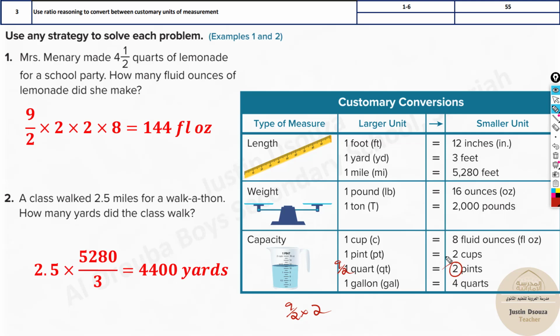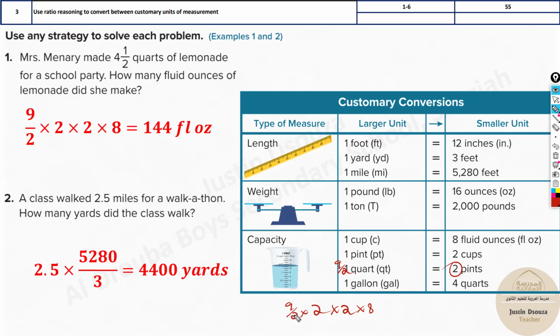Now we know 1 pint is 2 cups, so again multiply by 2. Now this answer is in cups. It's not over. You need to multiply cups by 8. This is in fluid ounces, fl oz. So this is the thing.